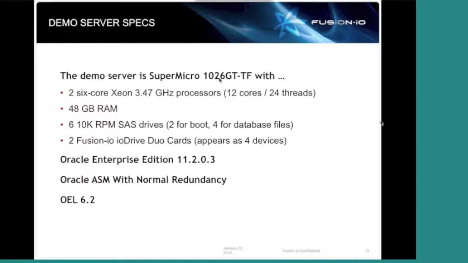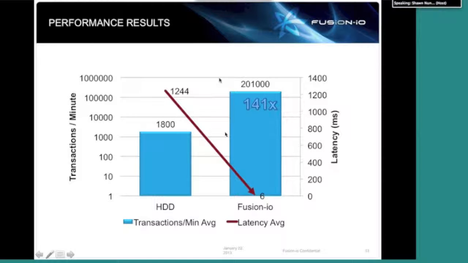Let's see, Sean, do we have the presentation up? Yes. So right here, what I did is I, in the background, graphed those results that you got, and as you can see, the numbers here are pretty staggering. We got about 141 times the number of transactions on average, and latency dropped from 1,800 milliseconds down to 6 milliseconds.